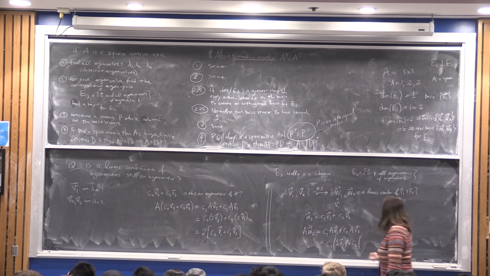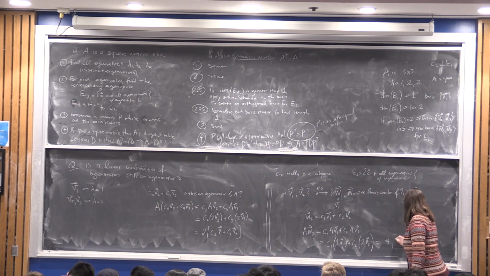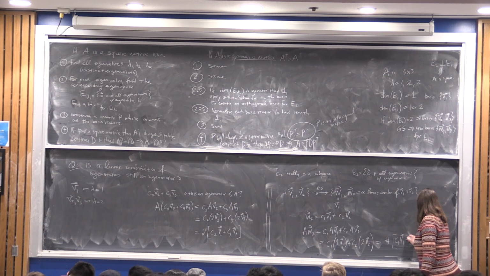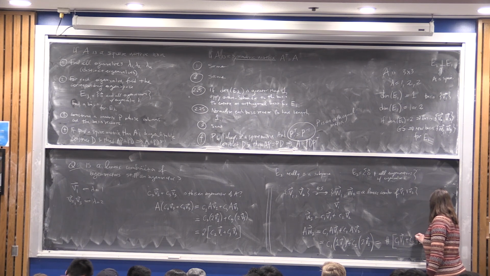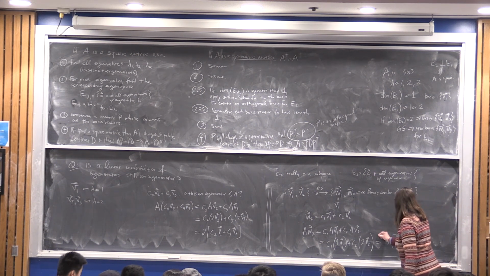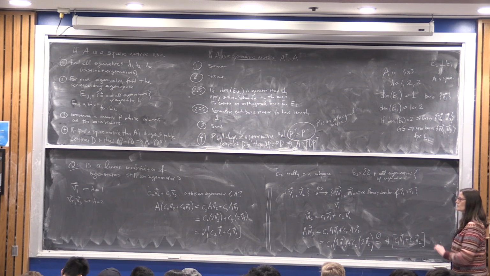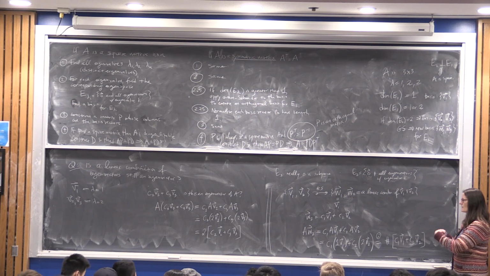And what is A times V2? 2V2. And the question is, is this some number times C1 V1 plus C2 V2? Because if it were, that would be the eigenvalue. So yes, you can do Gram-Schmidt across eigenspaces, but the result will screw up the eigenspaces. Does that make sense?